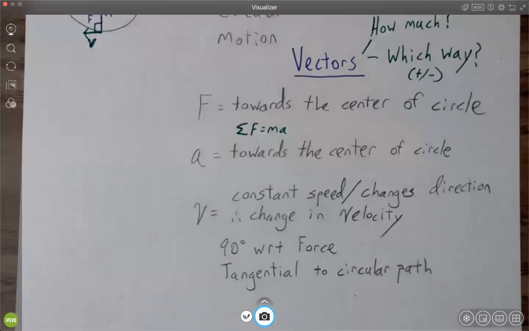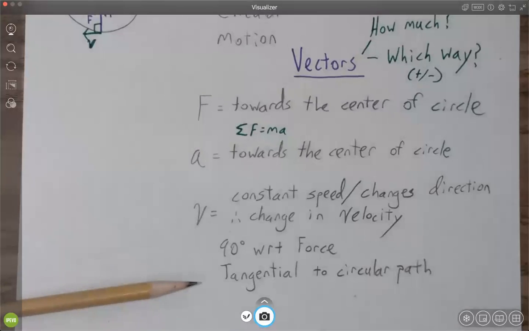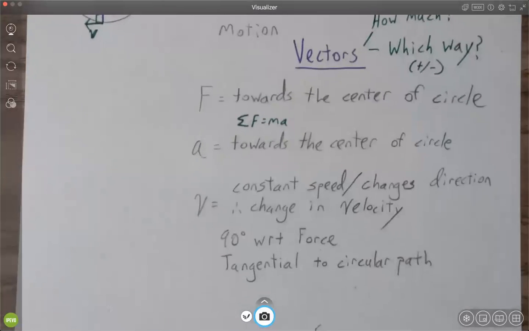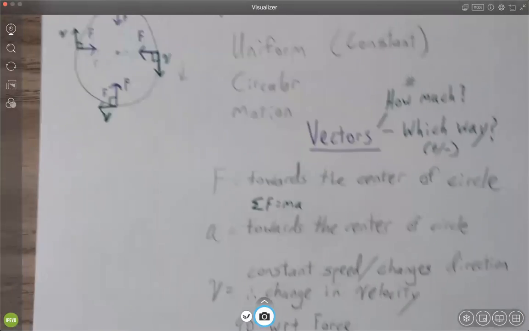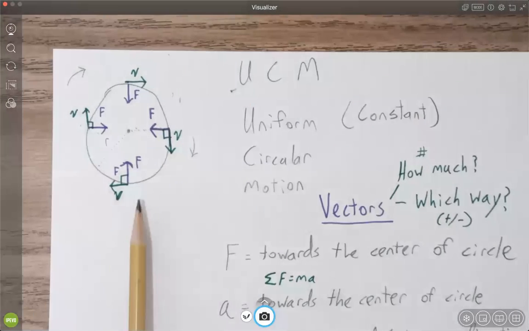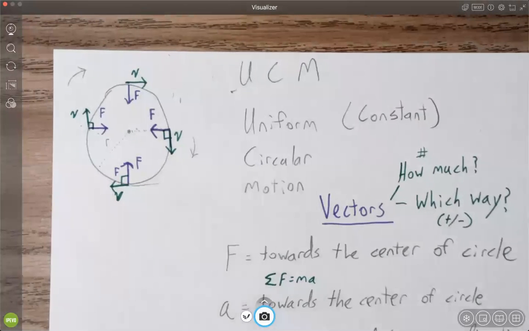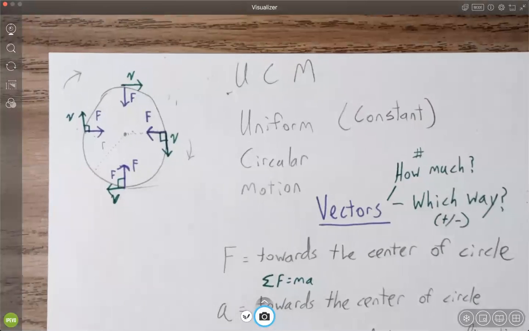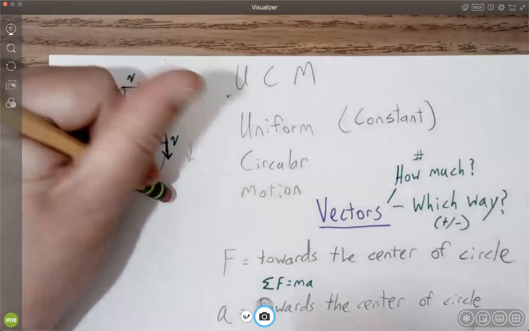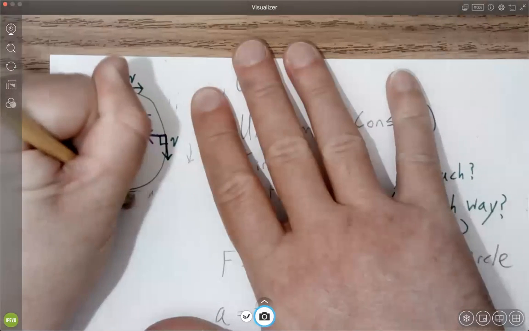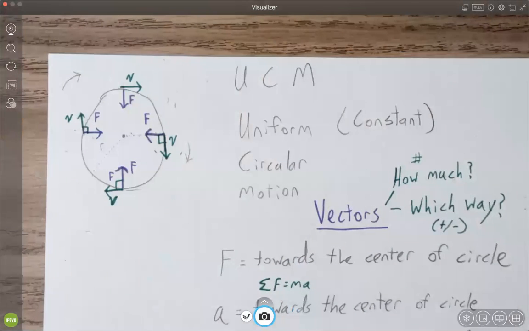So this velocity forms this 90-degree angle with respect to the force, and that's also a nice way of saying that it's tangential to the circular path. So this velocity being tangential, if we were to draw this entire vector line, only one point of that vector would actually come in contact with that circular path. And that one point allows it to be tangential.